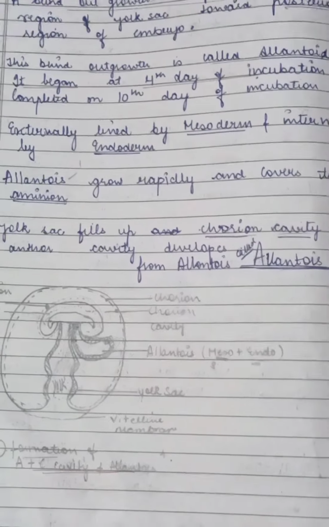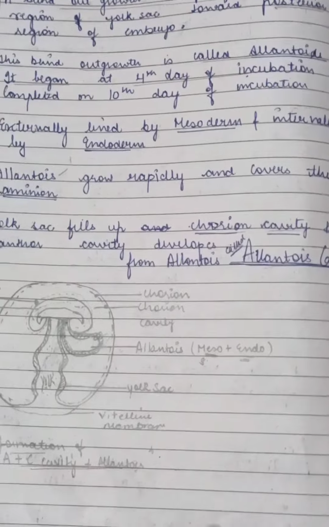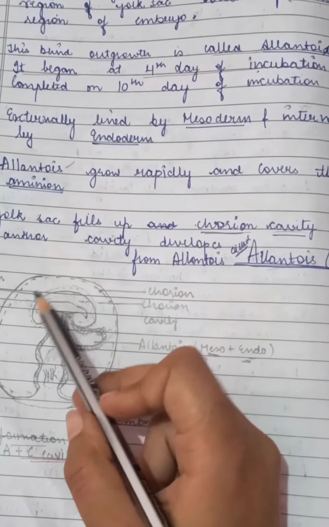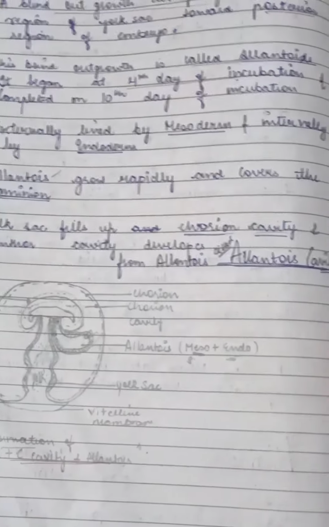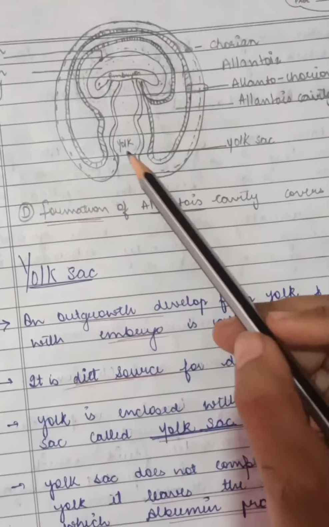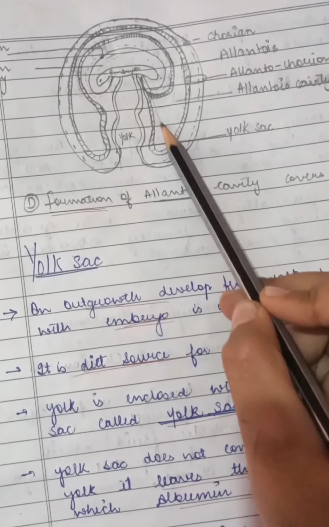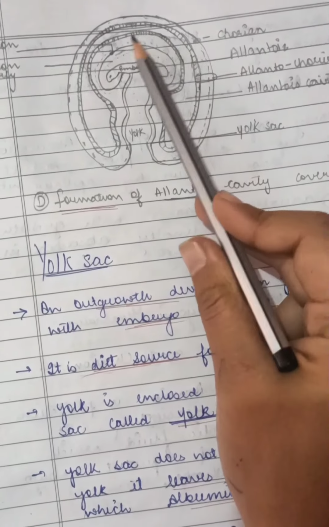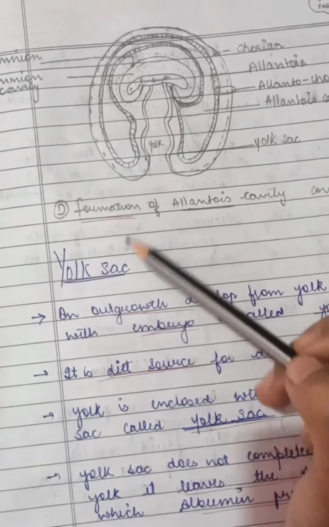This allantois grows up and covers the amnion and forms the allantoic cavity. Here we can see this is the yolk, this is the allantois. It develops and covers the amnion, and there is a formation of the allantoic cavity.